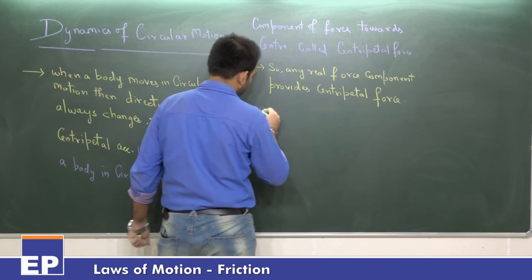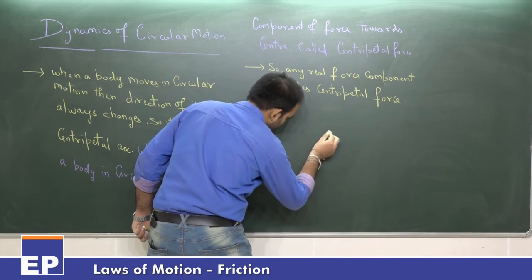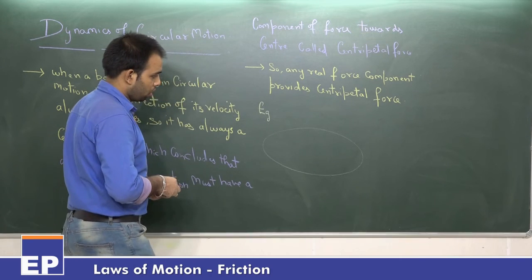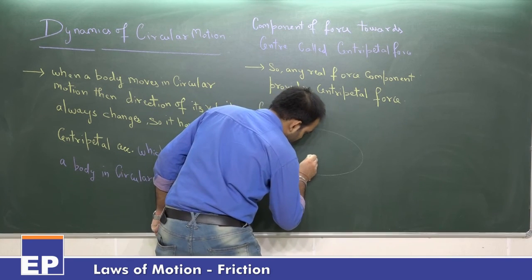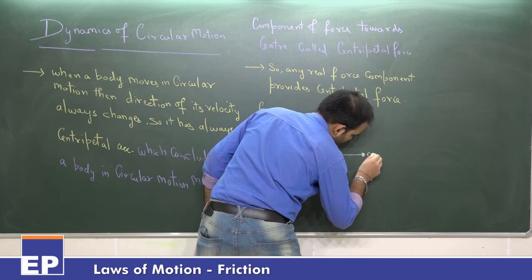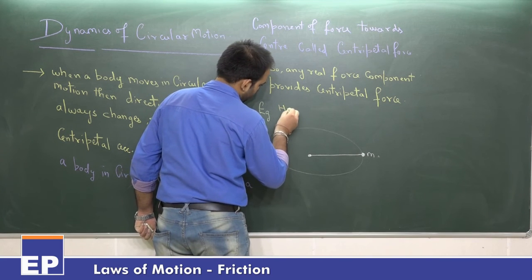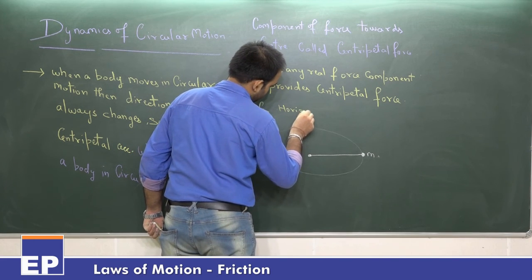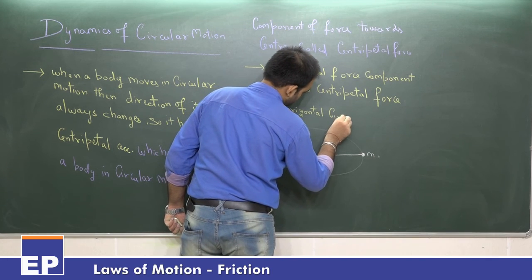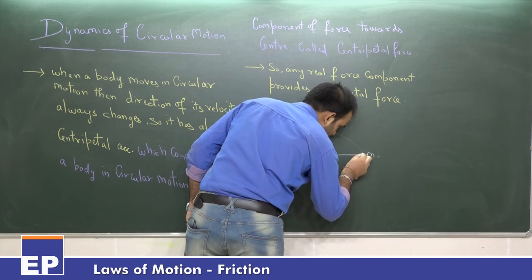Like for example, see, if there is a horizontal circle, a string is moving in a horizontal circle. If it is moving in a horizontal circle, the tension will act as centripetal force.